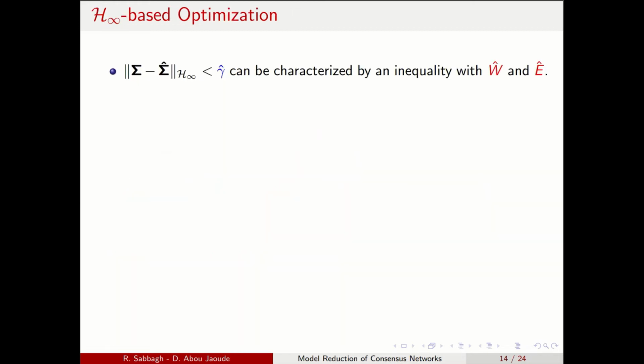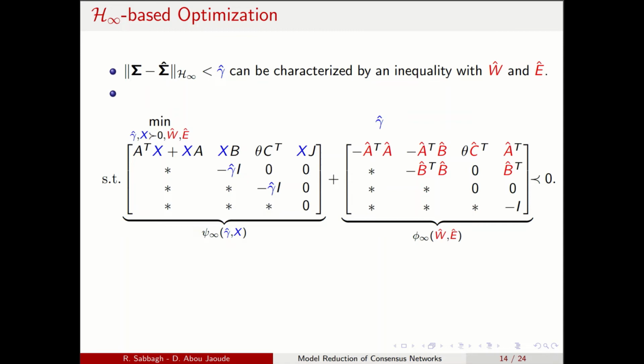So we're now ready to present our approach to solving the H-infinity model reduction problem. The H-infinity norm of the error system can be characterized by a matrix inequality in W hat and E hat, as shown here. And this characterization will be used to develop an optimization algorithm to select the reduced parameters, whereby the H-infinity norm is reduced by minimizing gamma hat.